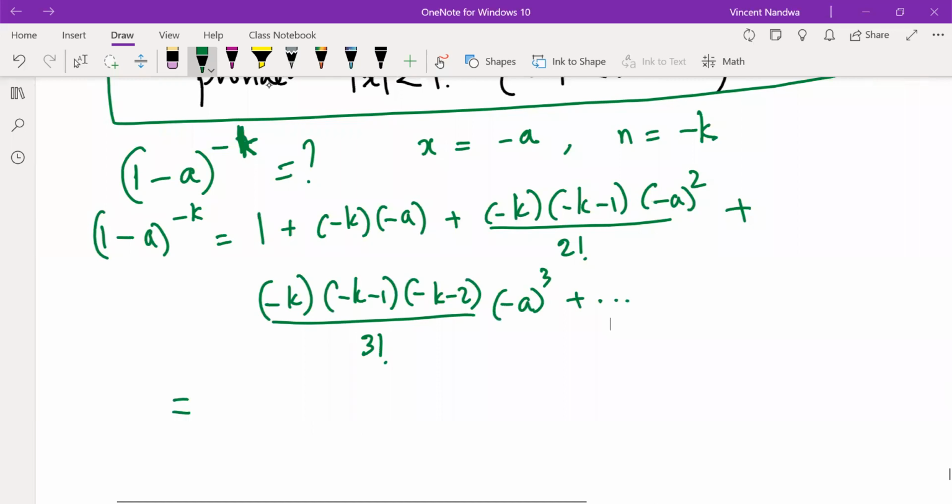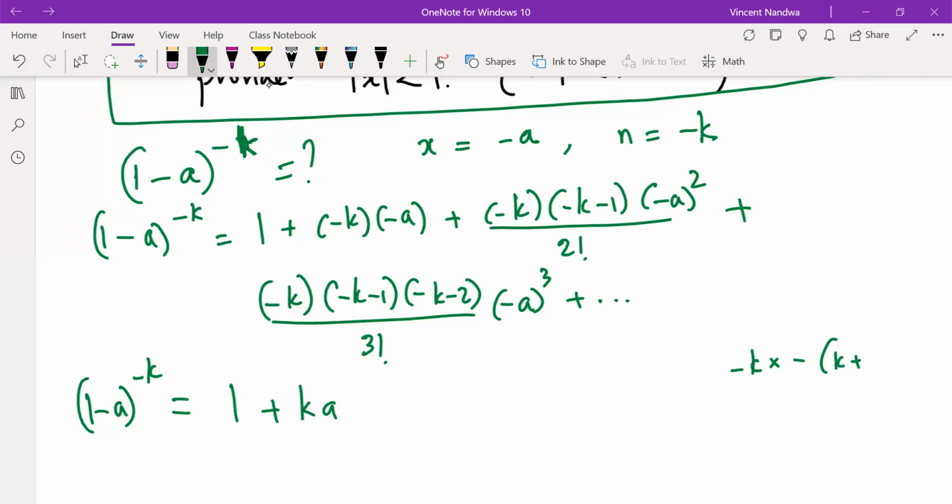So we'll have 1, minus minus is plus, so I'll have plus ka. Then this one can be written as minus k times, I factor out a minus here, so we have k plus 1.